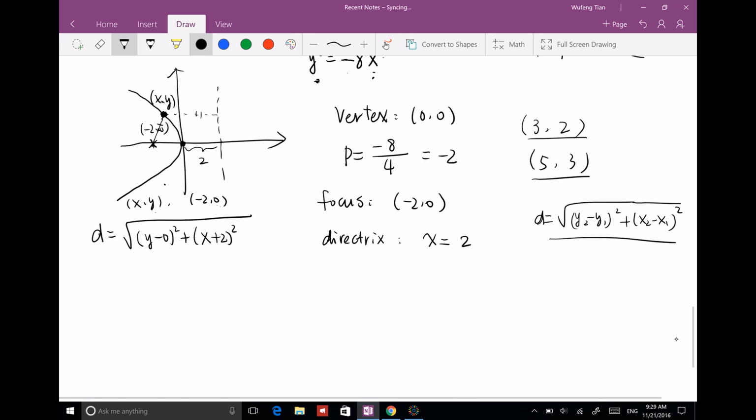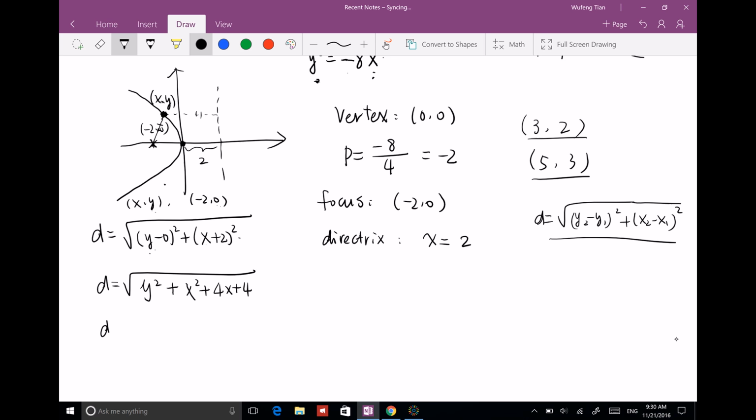Perfect. Now I want you to continue to help me finish this. So this is y squared, right? And FOIL this one out as x squared plus 4x plus 4. Very good.